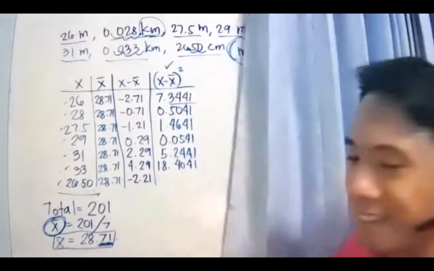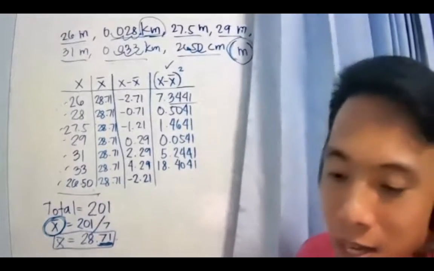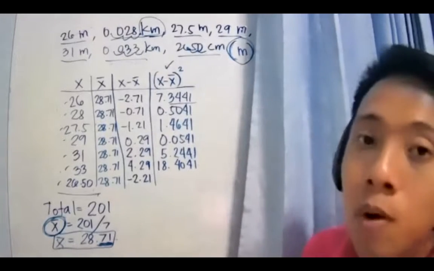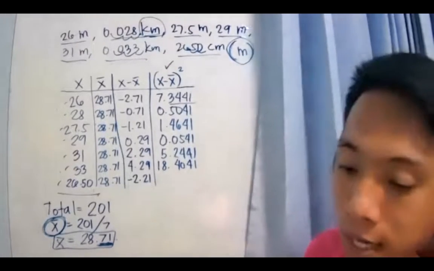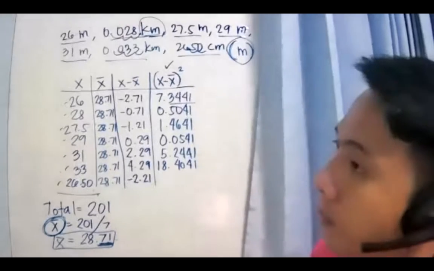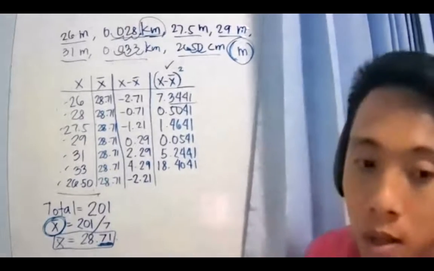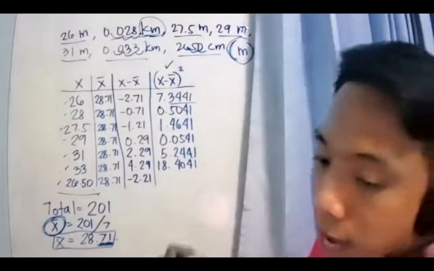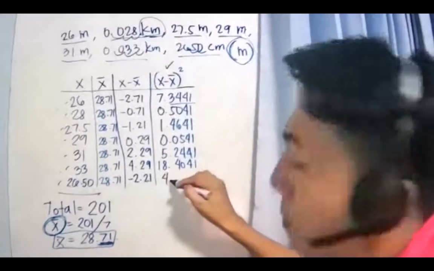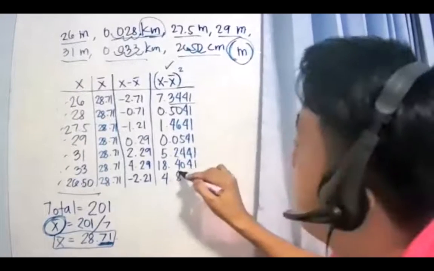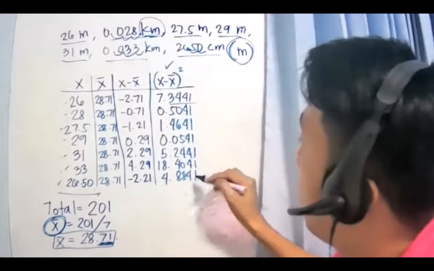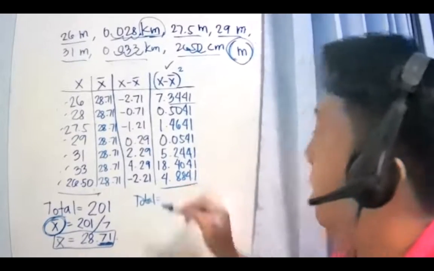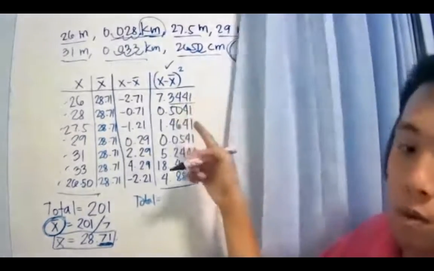And last na. 2.21 times 2.21 or 2.21 squared. 1, 2, 3, 4, 5. So we have the answer 4.8841. Ayan. That is our fifth step.